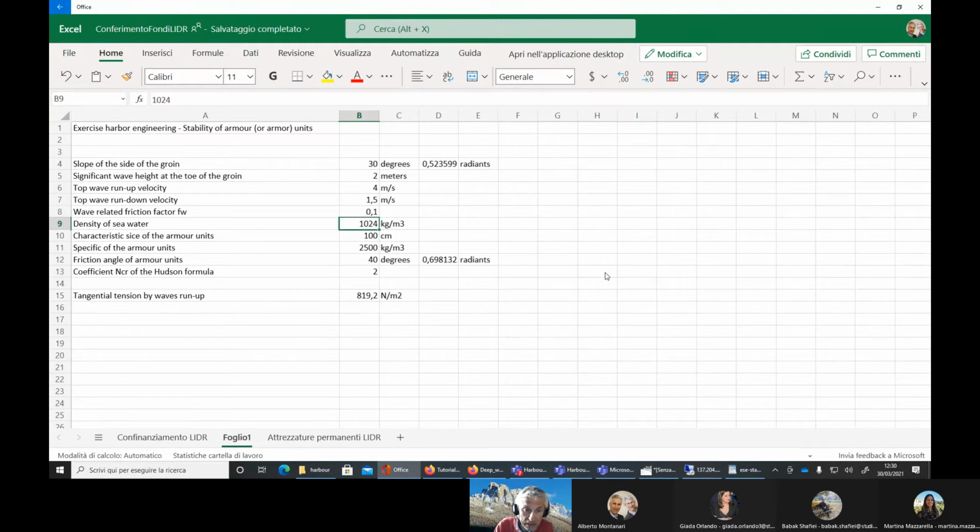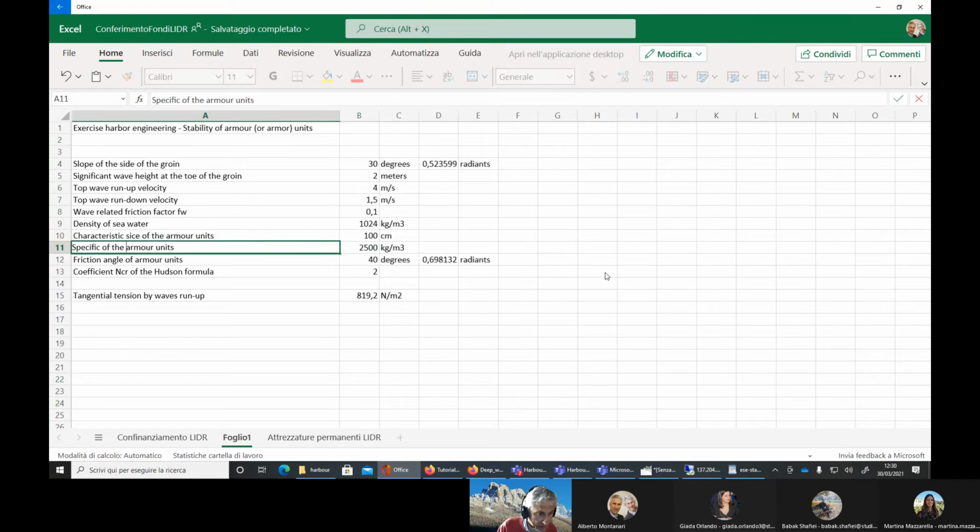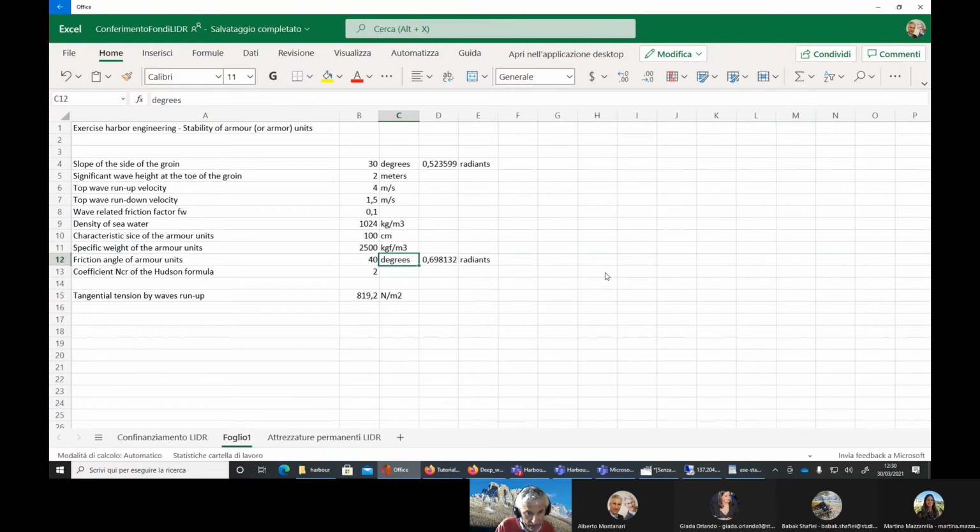In this case, it's a density. So this is kilogram per cubic meters, and here it's a specific weight. So first of all, here I have to write specific weight. And here, to be coherent, I have to highlight that these are kilogram forces.